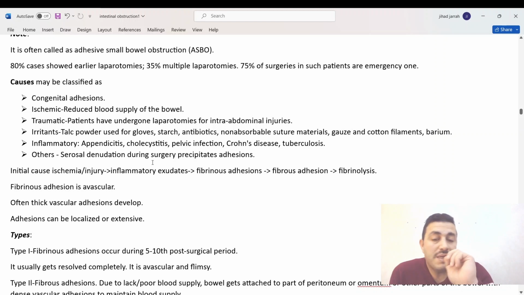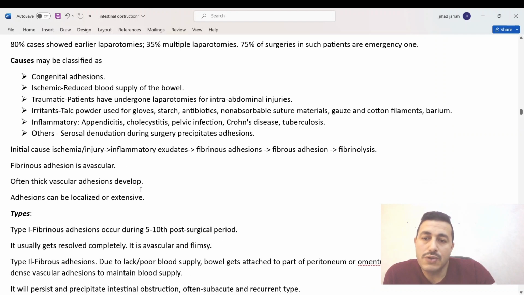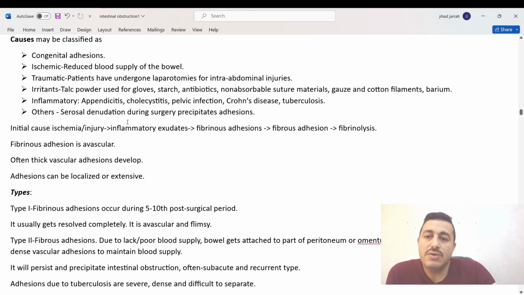Actually, many medical literatures are from India, and they highlight tuberculosis as a cause of adhesive intestinal obstruction. Other causes here also include serosal denudation. They mean serosal injury can cause or precipitate adhesion.